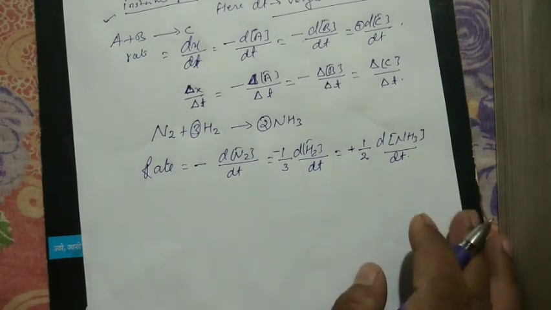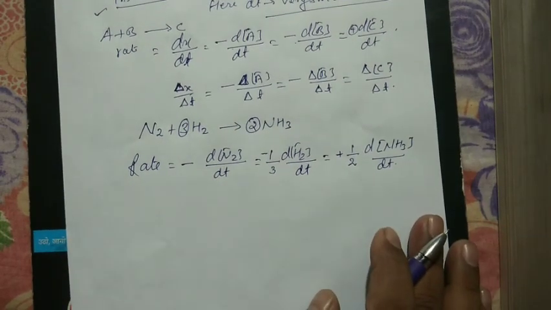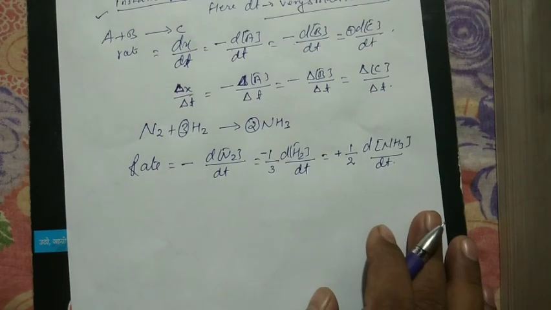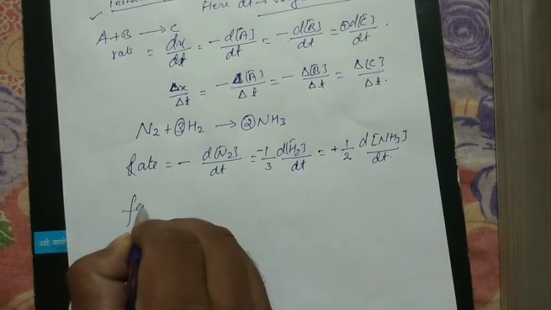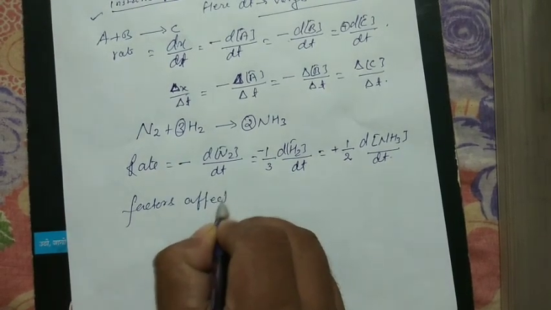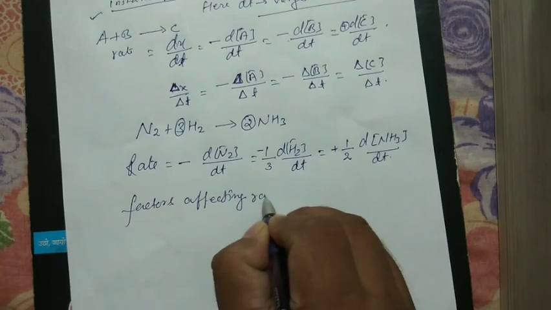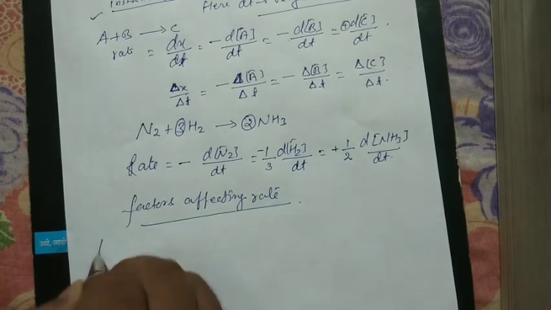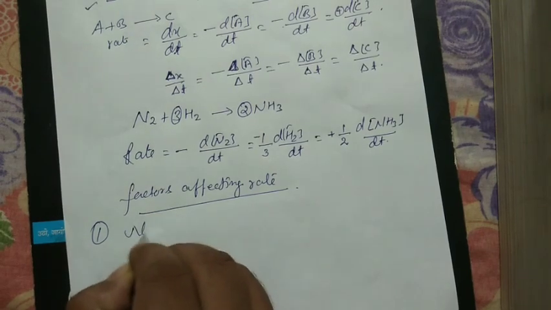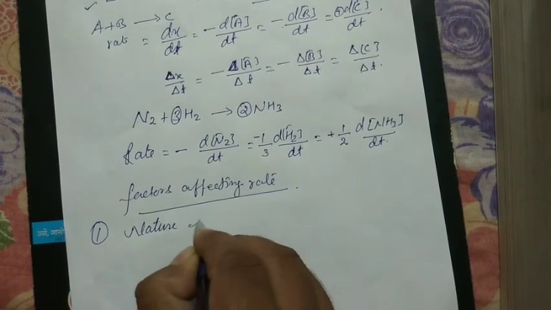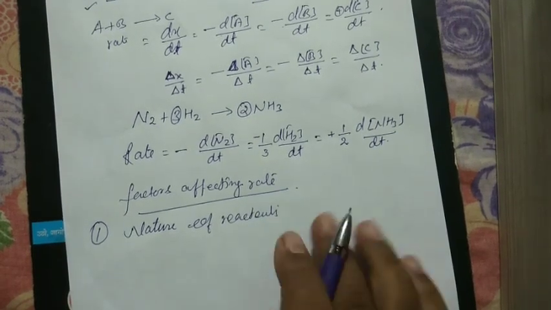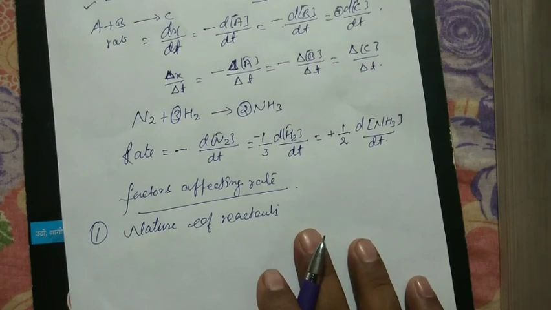Now let us study the various factors which affect the rate of reaction. Our first factor is nature of reactants. How does nature of reactant affect the rate of reaction?